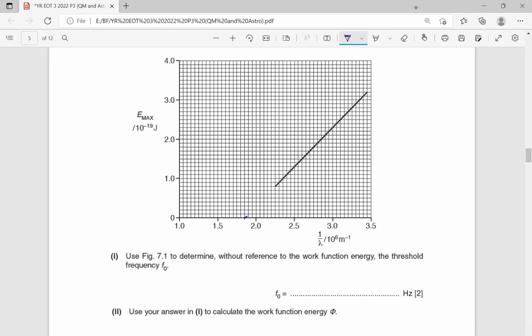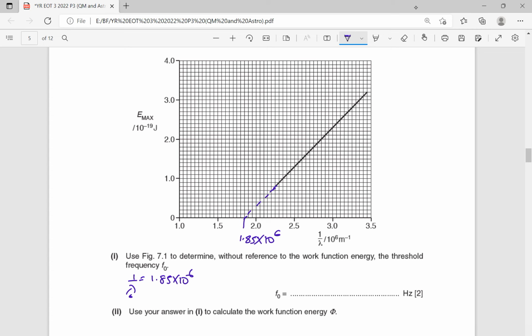I think it stops around here. You prolong this line. It will be around here. And this value here is actually 1.85 times 10 power 6, that is per meter. So from the graph we are seeing that 1 over lambda naught is equal to 1.85 times 10 power 6.